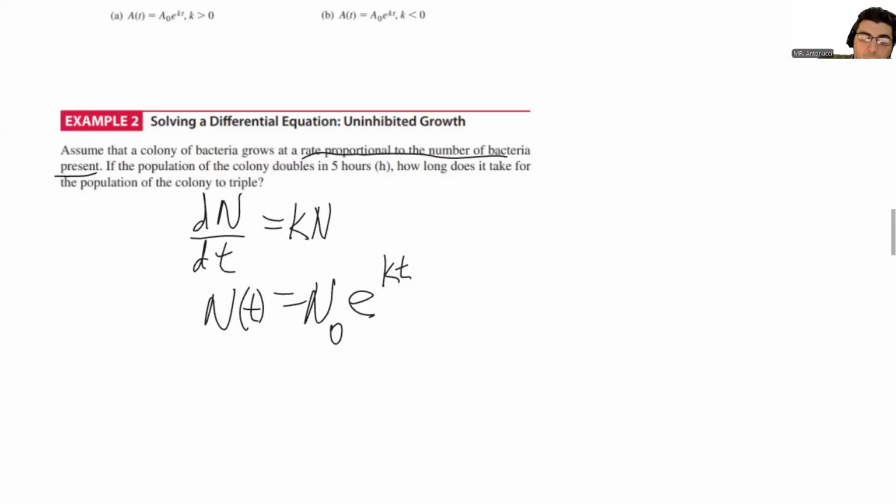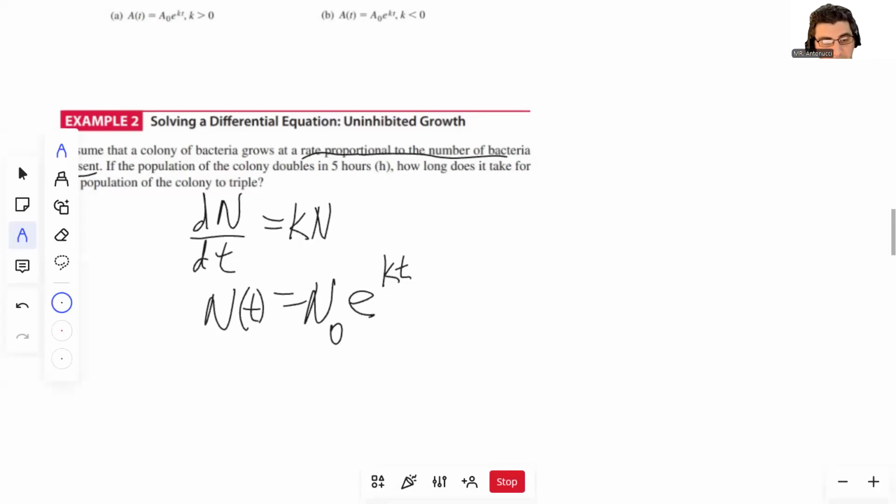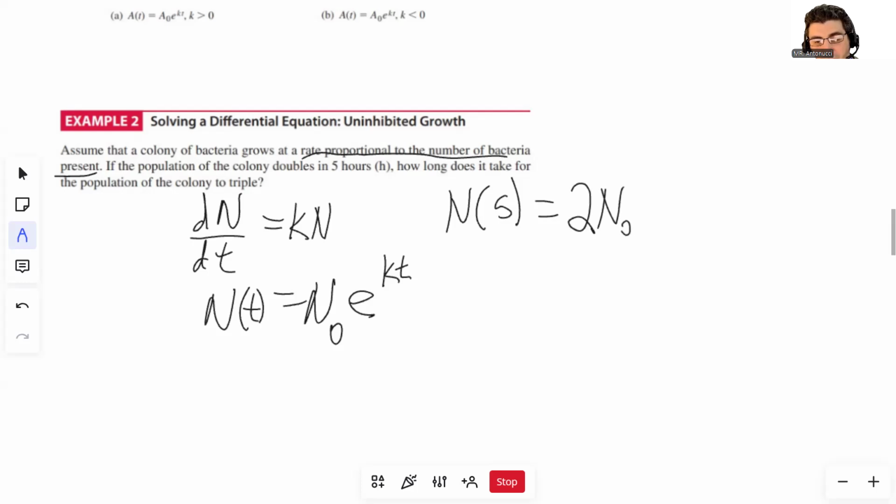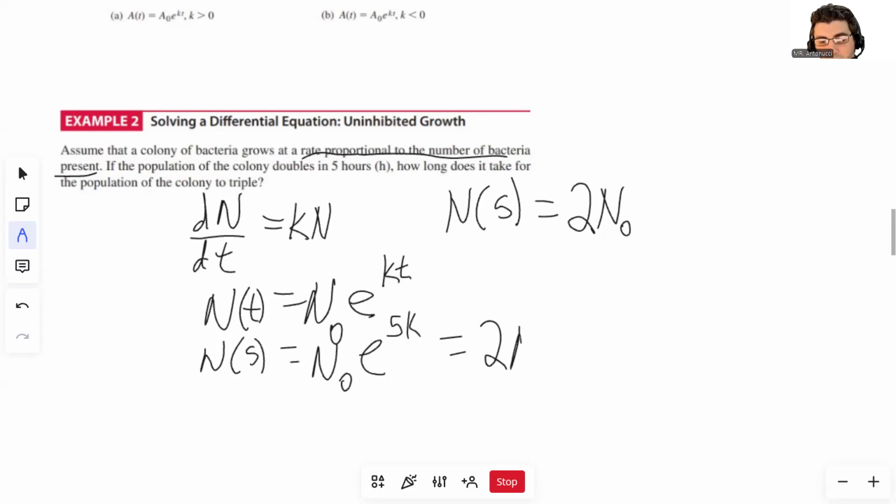But we do know that the population is going to double every 5 hours. So if you plug 5 into the function, you should get twice whatever the initial amount is. Okay, so N of 5 is going to equal N naught e to the 5k, which should equal 2N naught.